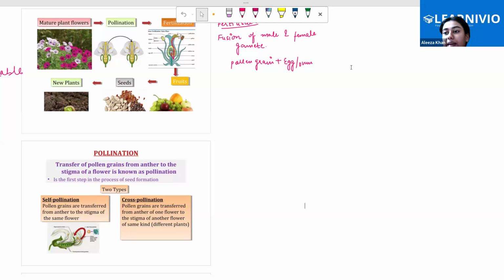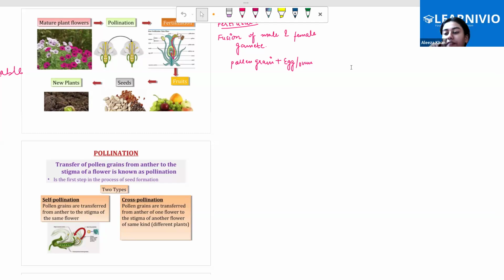Name of the male gamete and the female gamete, and where they are produced or where they are located. The male gamete is in the stamen, and the female gamete is in the pistil.